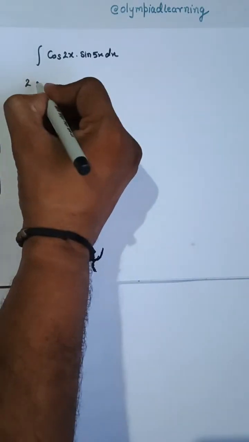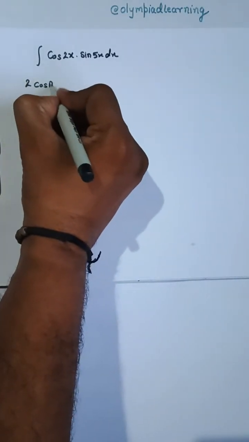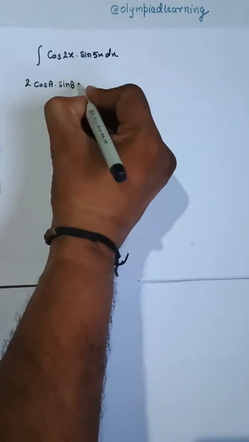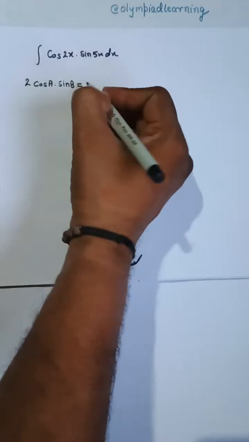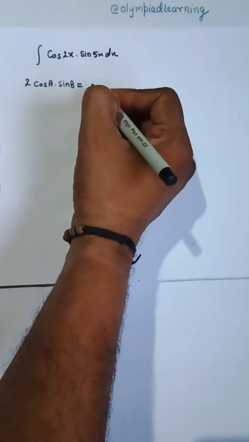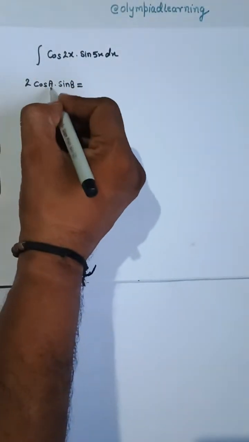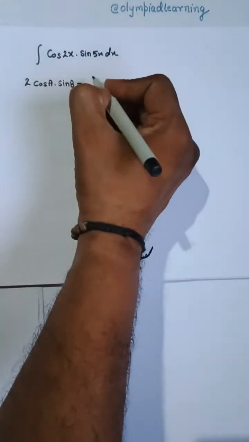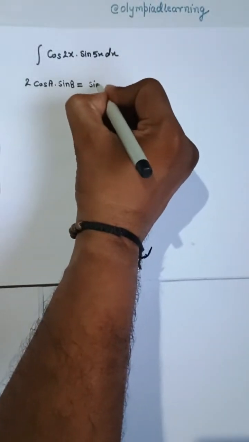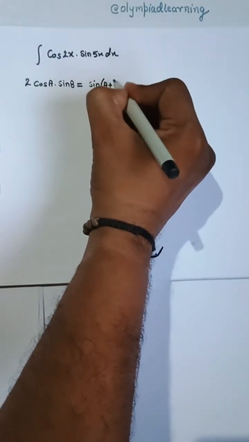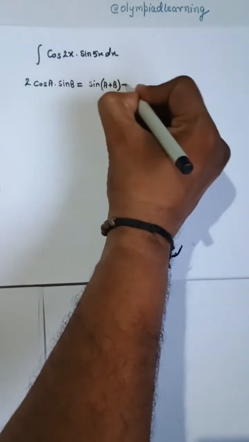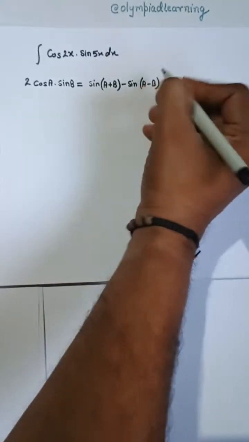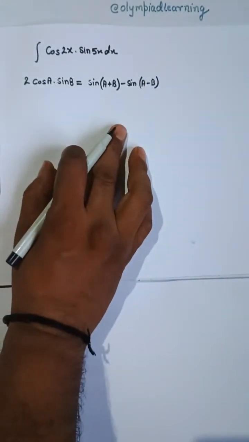This formula is 2 cos A sine B, which equals sine(A plus B) minus sine(A minus B), because A is greater than B, so I have written it this way. This is the formula, right?